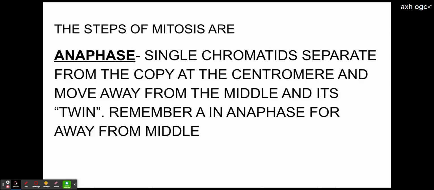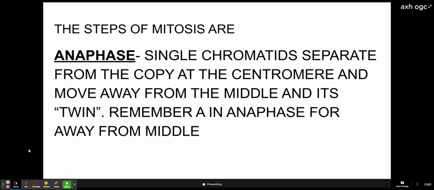A, anaphase, A, away. An interesting thing, if we were in person to do this lab, you'd have to look at a bunch of cells from an onion root tip, and during anaphase, the chromosomes actually look like an A without the middle. So that's one way you can remember anaphase.